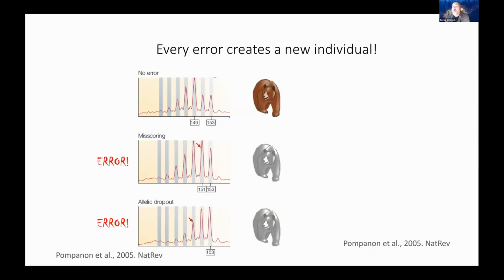For example, if we use genotypes to identify individuals, then every error generates a new genotype, meaning a new shadow individual. If we don't handle this correctly, we can severely overestimate population size. On the flip side, if we overcompensate for errors, we can underestimate population size. So it's tricky. It must be handled very carefully.